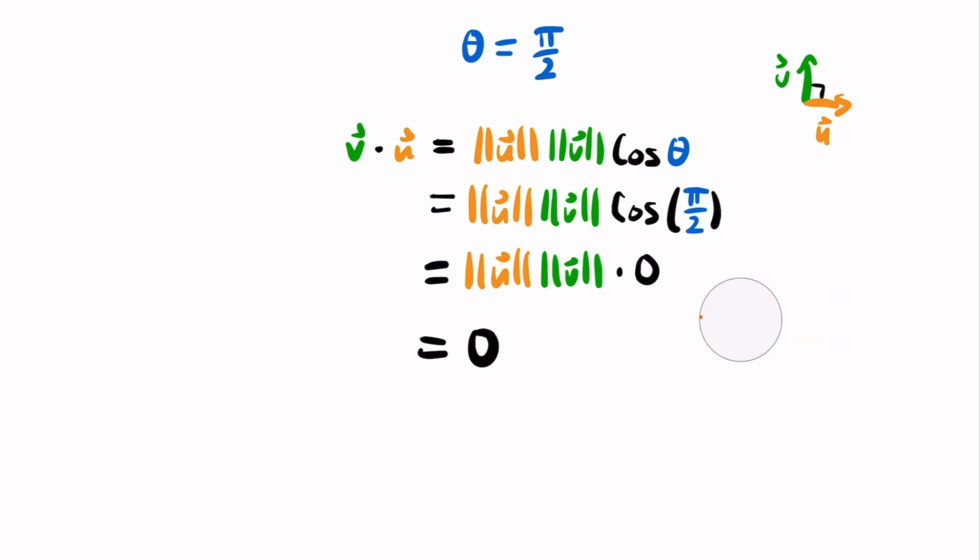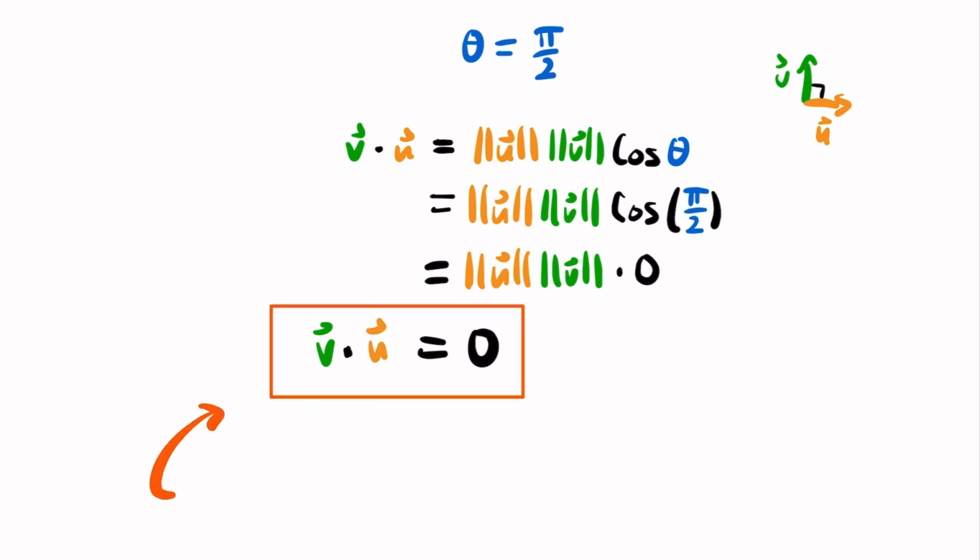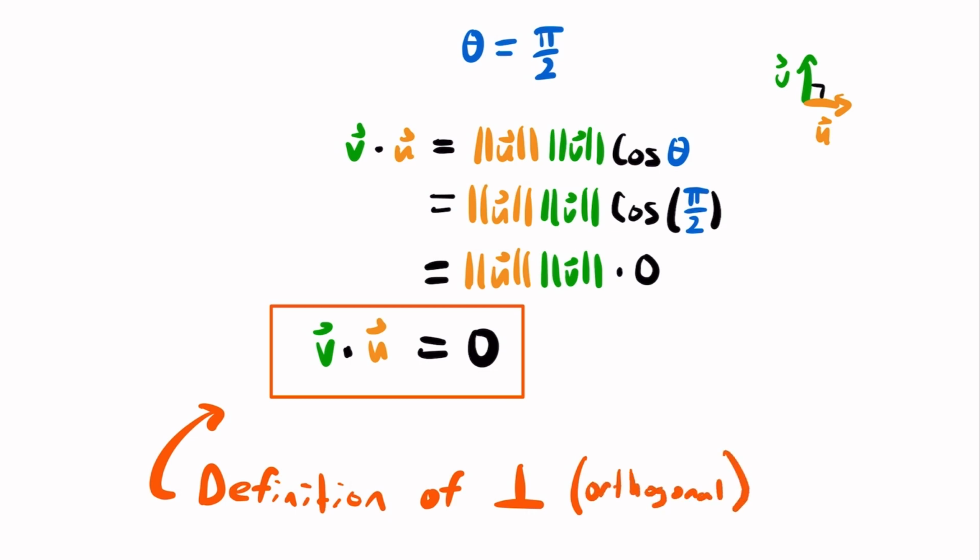Okay, so just make a note of that here, that when the dot product of a vector and another vector, such as vector v and vector u, is equal to 0, that is the definition of perpendicular or orthogonal vectors. Okay, so just be sure to make a note of that.